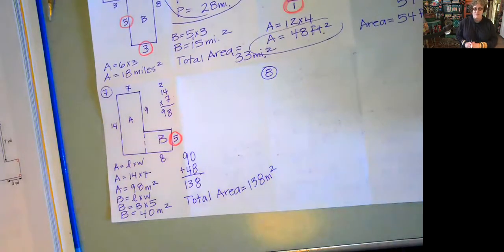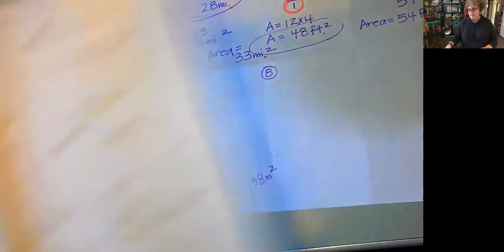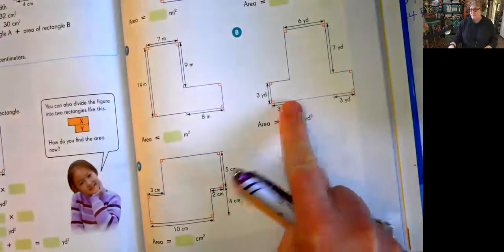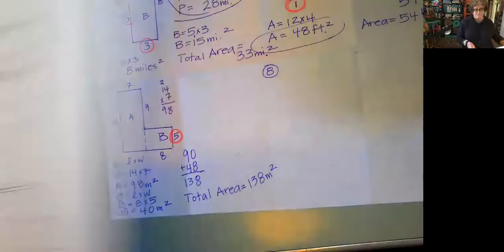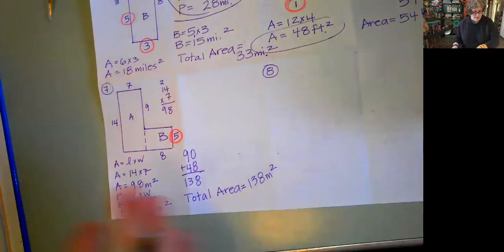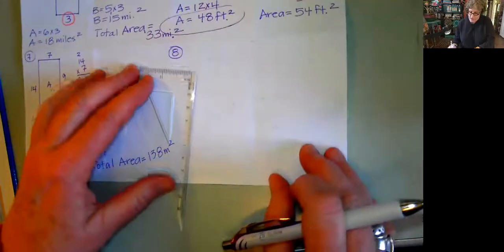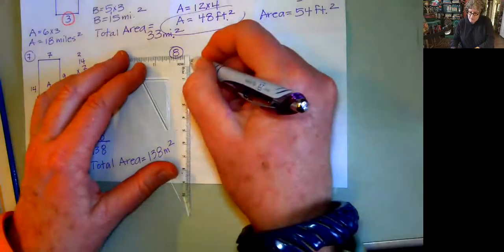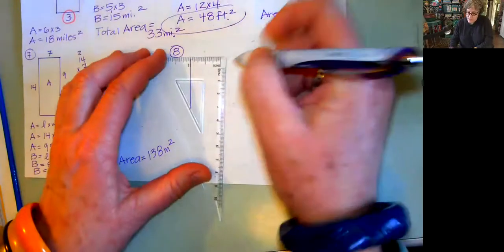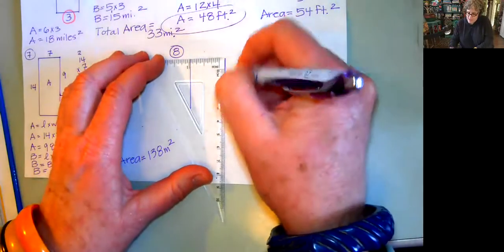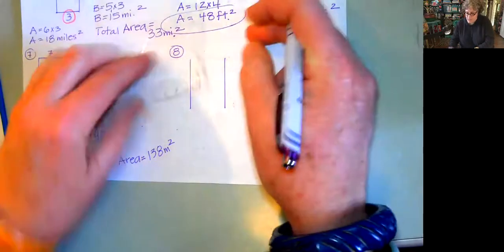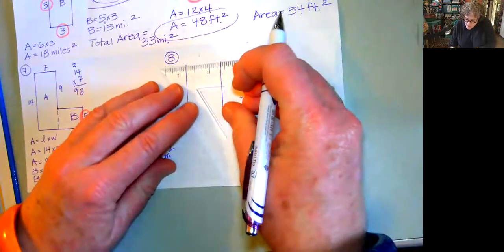All right. Okay, let's look at number 8. Number 8 looks like this. It's a flipped upside down T. So here we go. I'm going to draw it right over here. And really the secret key is to draw these, because when you're drawing, you're thinking.